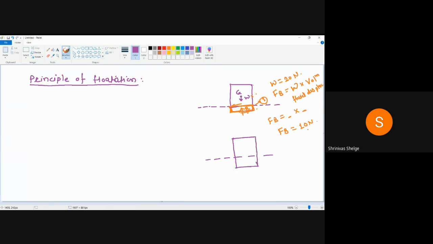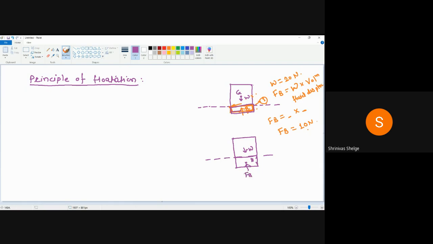In the first situation, only this much volume is immersed. Now more of the same body is immersed, and here the weight and the buoyancy force FB are acting.